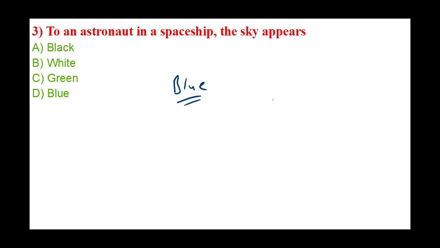When the rays coming from the sun, let us say this is the sun, towards Earth, enter the Earth's atmosphere, they get scattered, so there is a scattering of light. Because of scattering, the blue light is scattered the most, so the sky appears blue to a person on Earth.